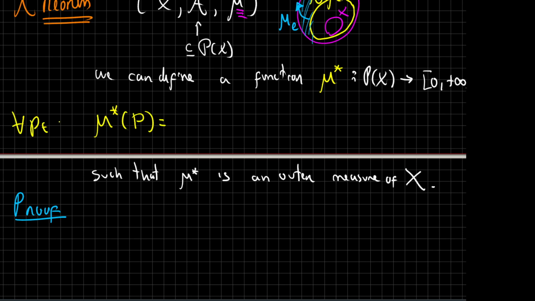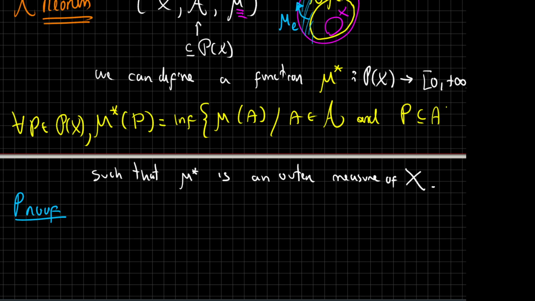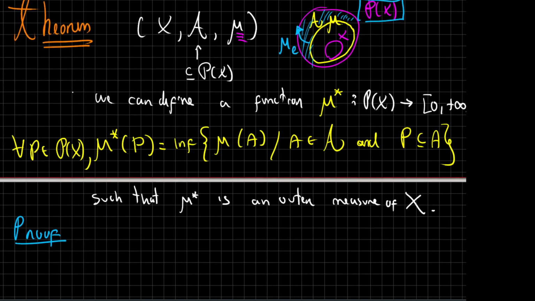For any P in the power set, this function is defined as the following. As I told you, the proof was constructive, and the heart of the proof was to construct it like this. So we can just enunciate it like that instead of working with an existence theorem. Now we will prove that the function defined exactly like this is in fact an outer measure.